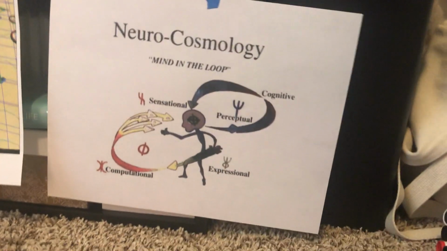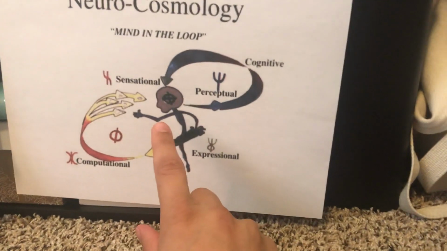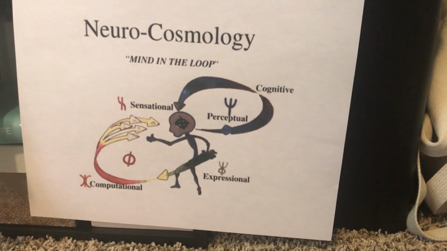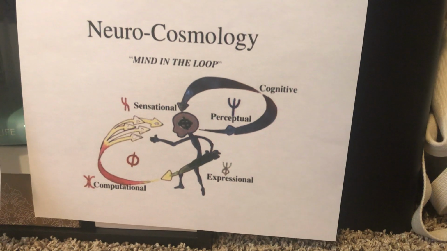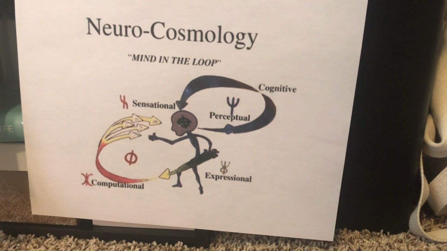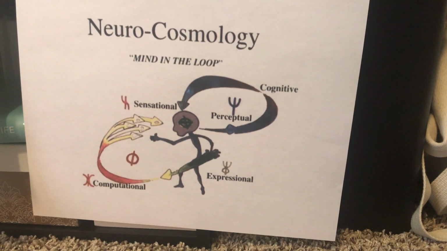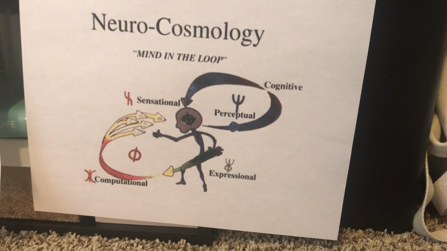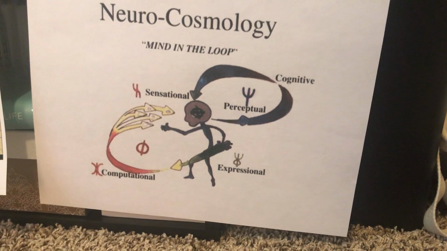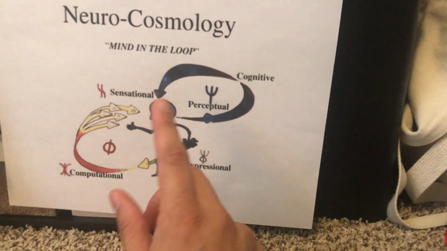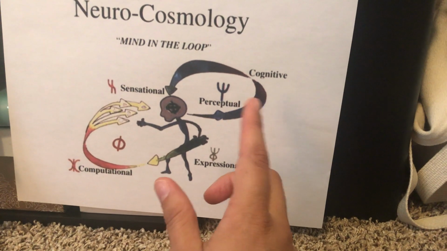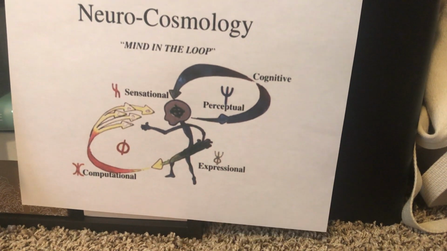So the idea is that you've got the human nervous system in the middle, and whether it's by texting, by hand, or visual, eyes, or whatever it is, there's all kinds of options for both sensation and expression through the human nervous system. And then once you've got that data into the body, into the biology, it's going to the mind and you're creating perception, some kind of cognition of meaning.